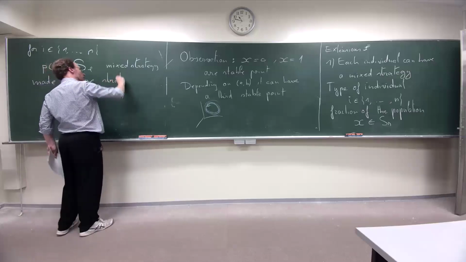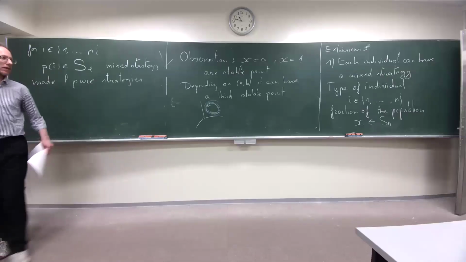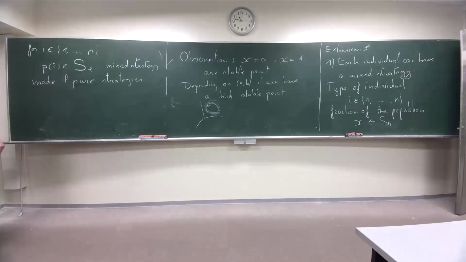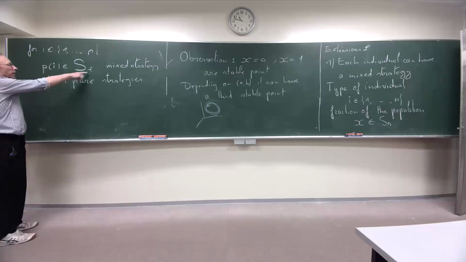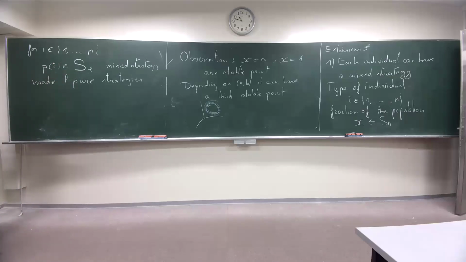So it means I have a game with L pure strategies, and for each i, they can choose a mixture of these L strategies. So it means each player chooses a mixture of L strategies. Okay.